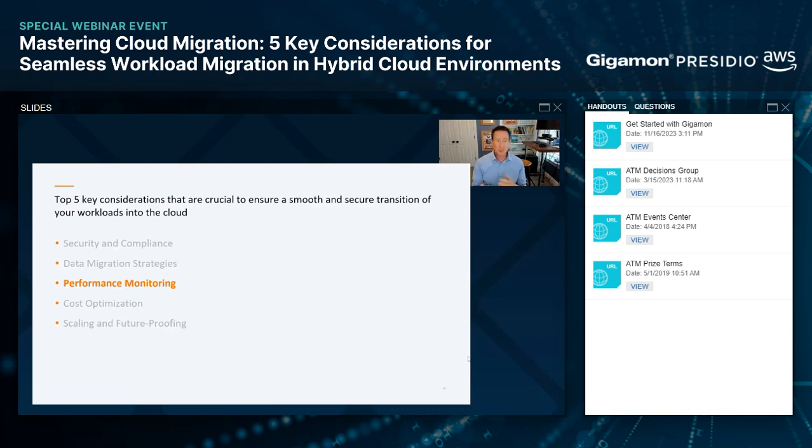Change in security, change in compliance, and change in performance monitoring. So introducing them to Amazon's capabilities inherently and enhancement to those capabilities through partners like Gigamon is wildly important. It's again about customers getting out of their comfort zone and what they maybe have always done.